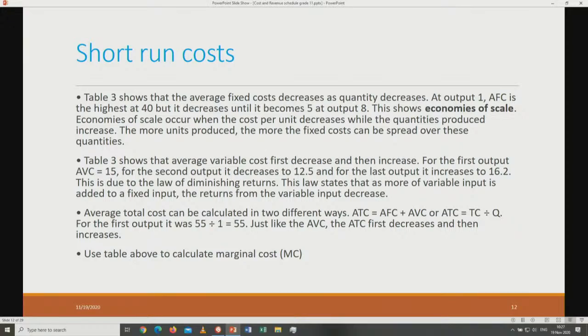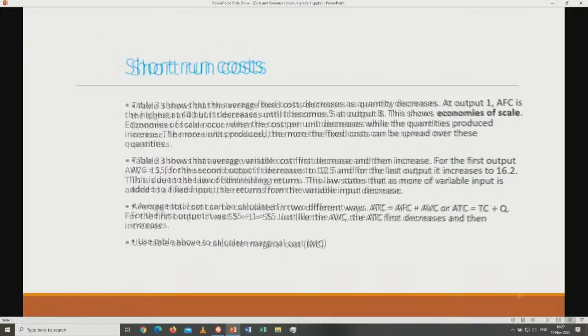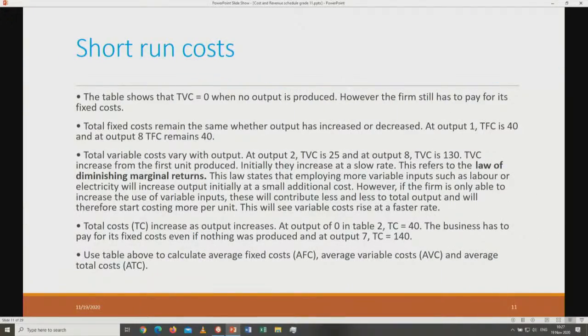Okay, let's see. Yeah, I just want to show you that. The total cost, as you can see here, increases as output increases. If you go back to the table and look at output 0, the total cost is 40, right? The business has to pay for its fixed cost even if nothing is produced.